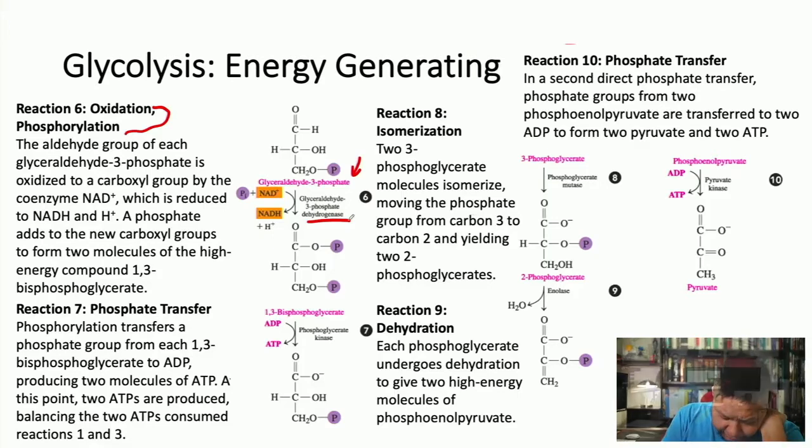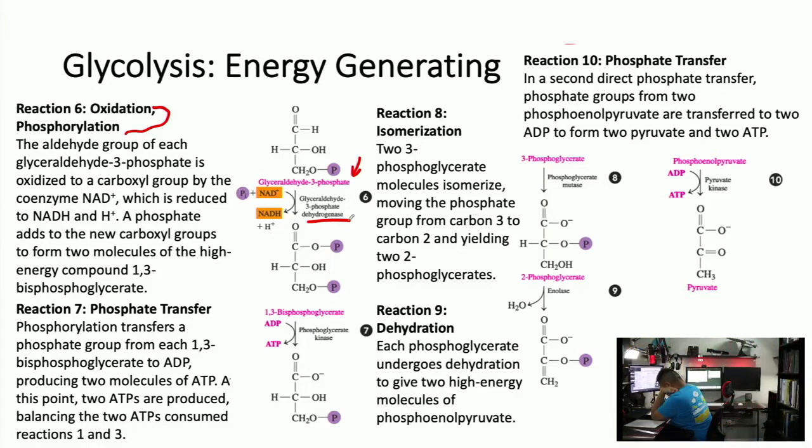So in the presence of glyceraldehyde 3-phosphate dehydrogenase, we oxidize glyceraldehyde 3-phosphate, and in that process the electrons we took from it go to the NAD plus. When they go to the NAD plus, we make an NADH, and the NADH can go to the electron transport chain to make energy.